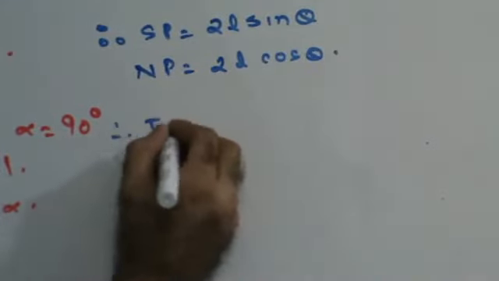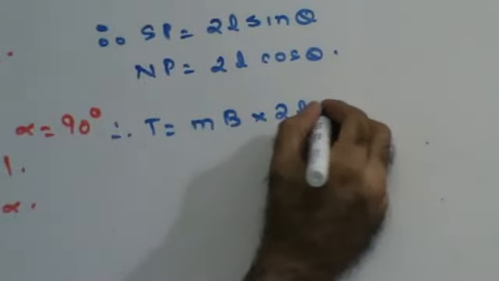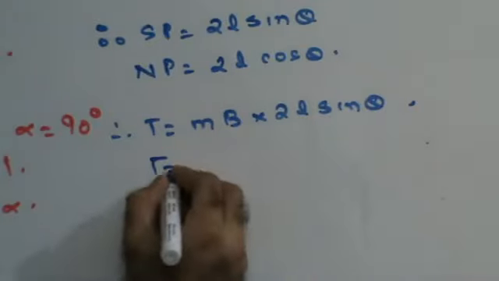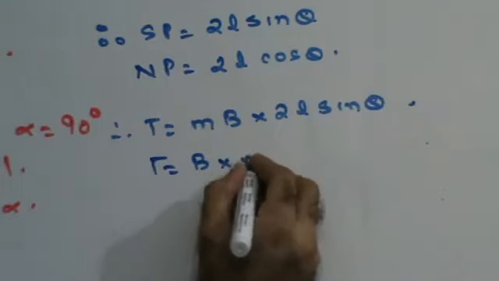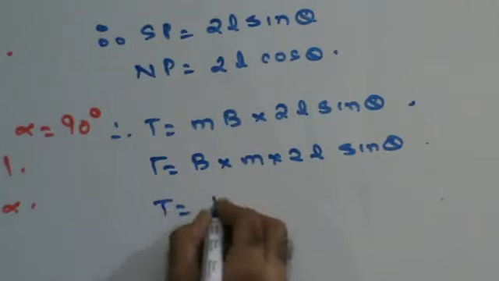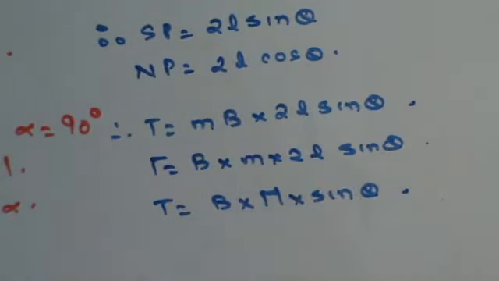So I get torque is equal to MB into 2L sine theta. Maximum I could do is B into M into 2L sine theta. So torque is equal to B into magnetic dipole moment into sine theta.